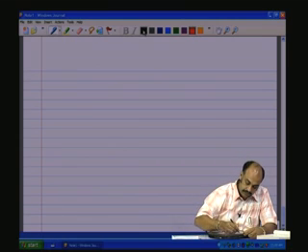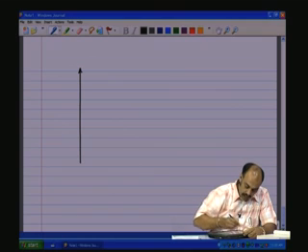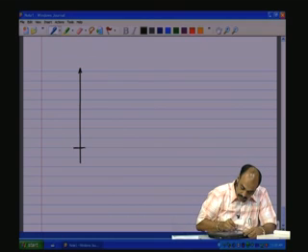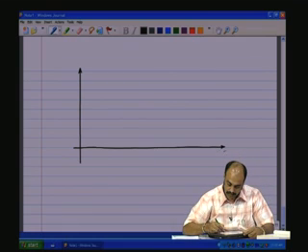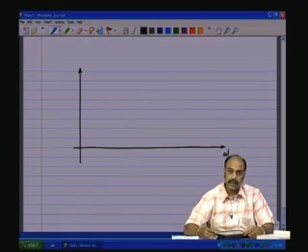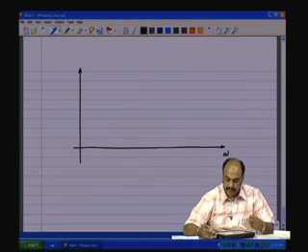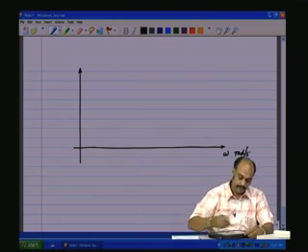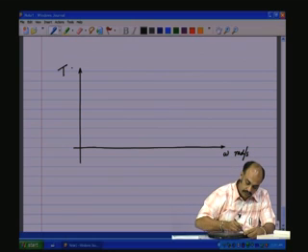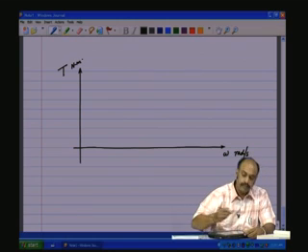On the other hand, what if we are not keeping power constant? So, let me draw a graph with respect to the speed omega in radians per second. This is the torque, in Newton meter.